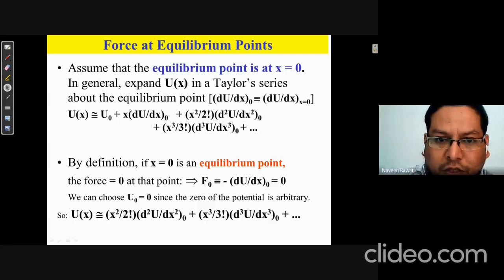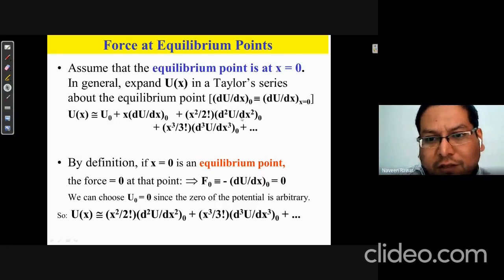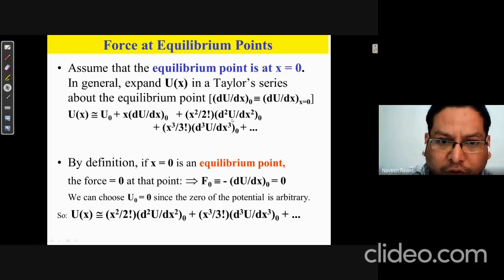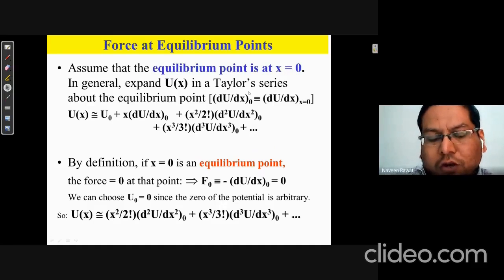So this is x raised to 1 by 1 factorial, and then you go x raised to 2 by 2 factorial, d square u by dx square, and then it keeps going, x raised to 3 by 3 factorial, x raised to 4 by 4 factorial, until x raised to n by n factorial, d raised to n u by dx raised to n of any function u. Okay, so this is a very common series that we use to solve a lot of problems.